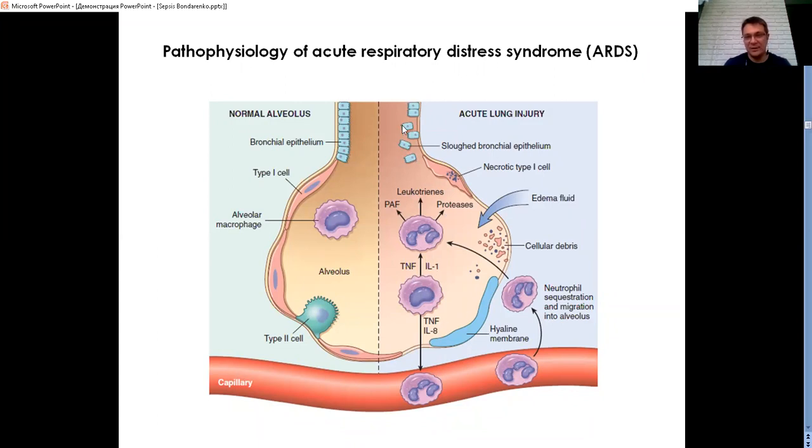Desquamation of bronchial epithelium, necrosis of alveolar cytes, together with the increased permeability of the vessels, lead to the formation of hyaline membranes.